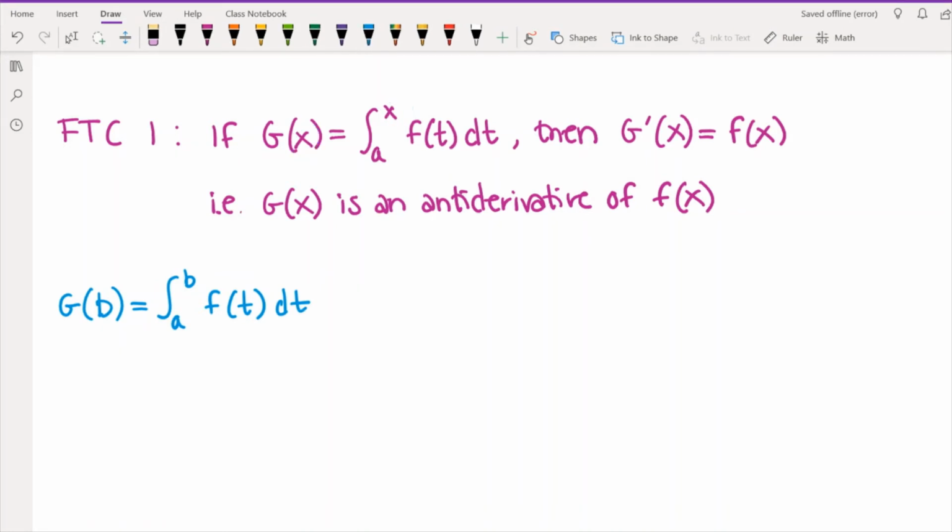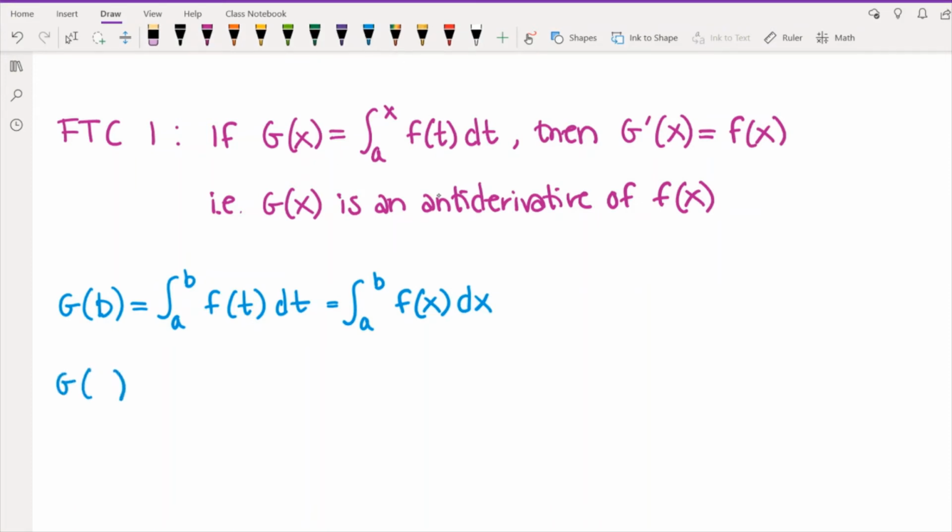But now that there's no x's in this anymore, we could, if we wanted to, rewrite this integral as the integral from a to b of f of x dx, right? Because again, it really doesn't matter what variable you use here and here, as long as they match. So for the sake of having things look the way we want them to, let's just change it to an x. There's nothing wrong with doing that. And then what about if you plug in a?